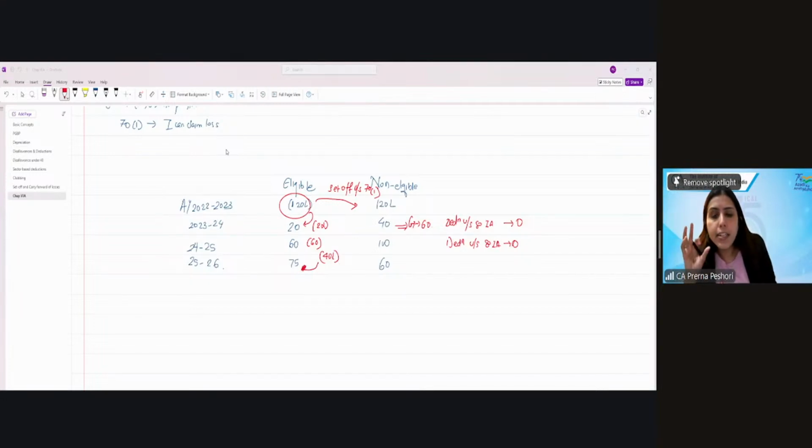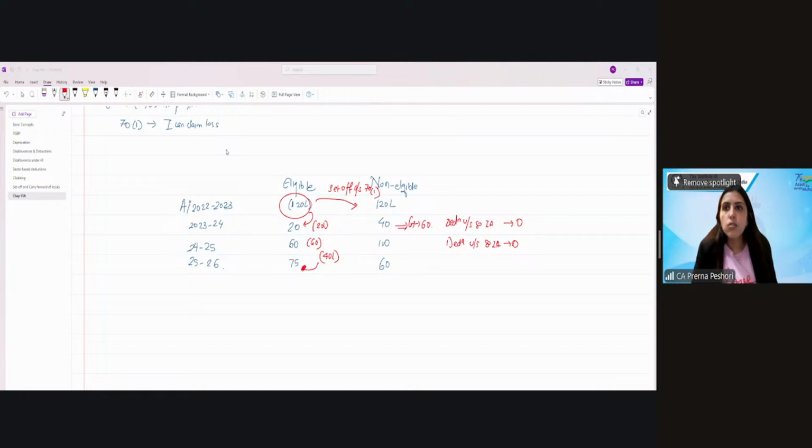So ATIA is basically creating a fiction for me, and this fiction will apply even in the case of losses, even in the case of profits. Clear? Yes, any question, any doubt?